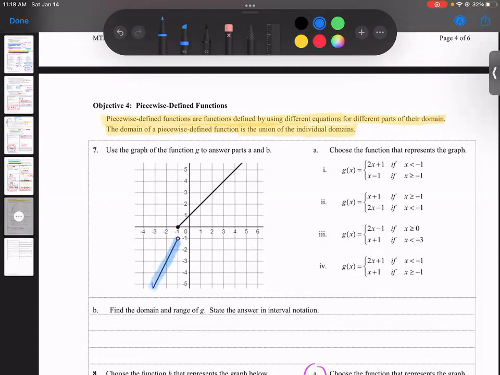So if you project up to the x-axis, it's from negative infinity up to -1. And then the second one, I highlighted in red, starts from -1 to infinity.